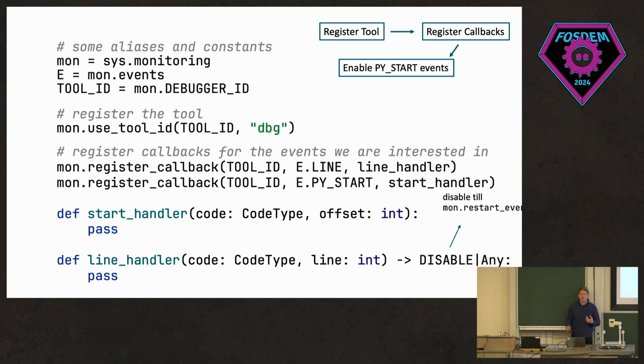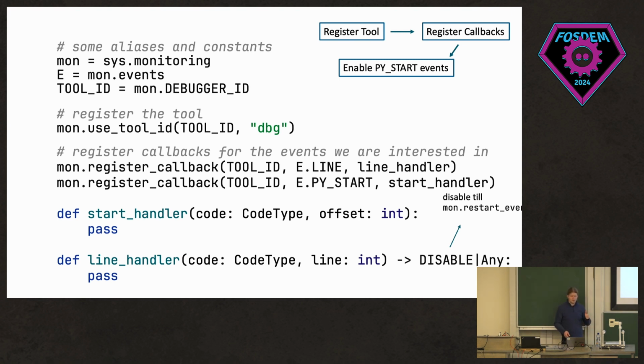And we also register a callback for the start event, so when a method is called. Then we have these handlers, and the start handler is just passed the code object, that's what you get for a function called f_code, and the offset where this is located in the bytecode, and for the line handler we get the line number.